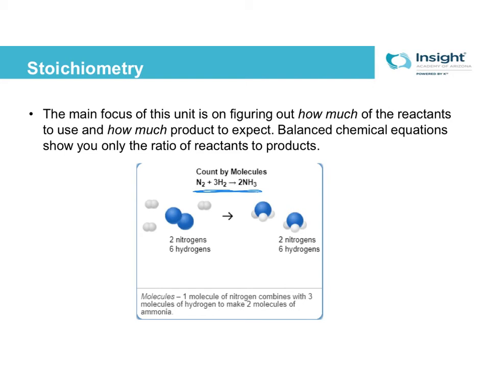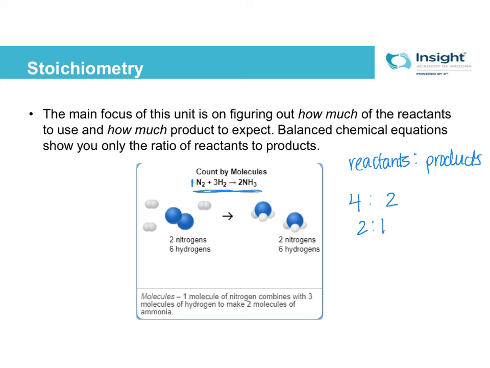You could just ask for a ratio of reactants to products. For that, you're going to talk about that you have 1 nitrogen and 3 hydrogens, so there's 4 reactants to 2 products, which, if you remember ratios from math class, can be simplified to 2 to 1.